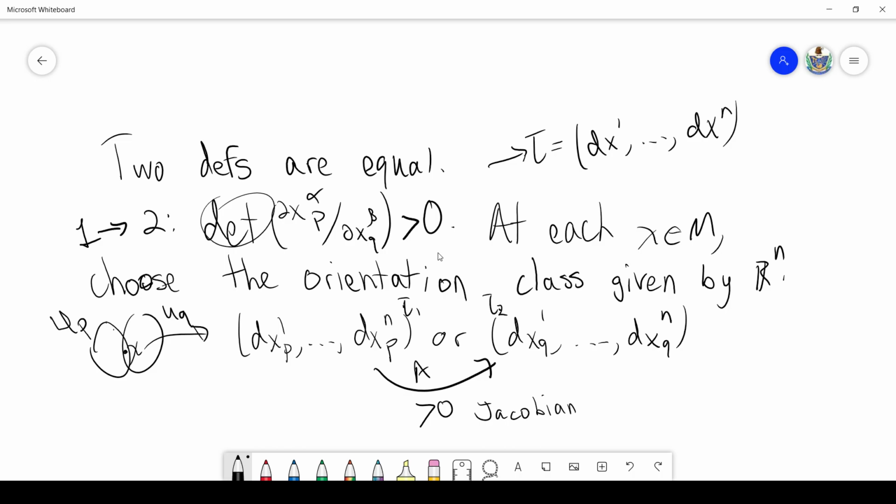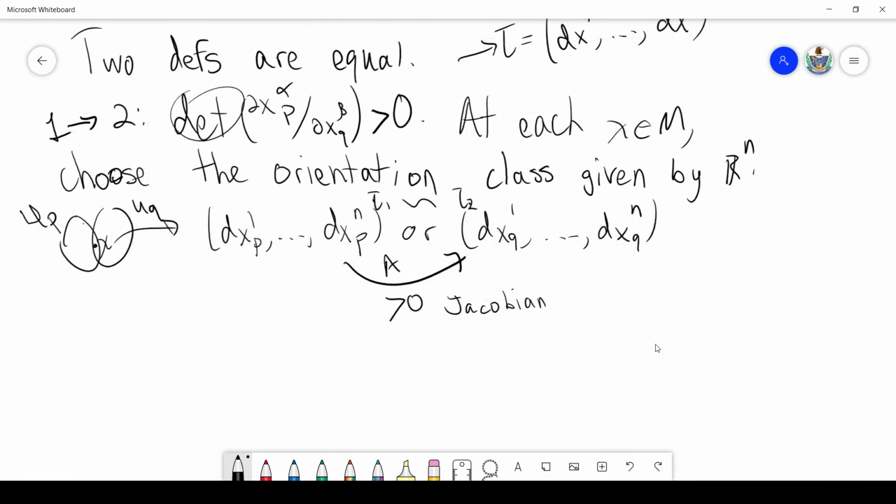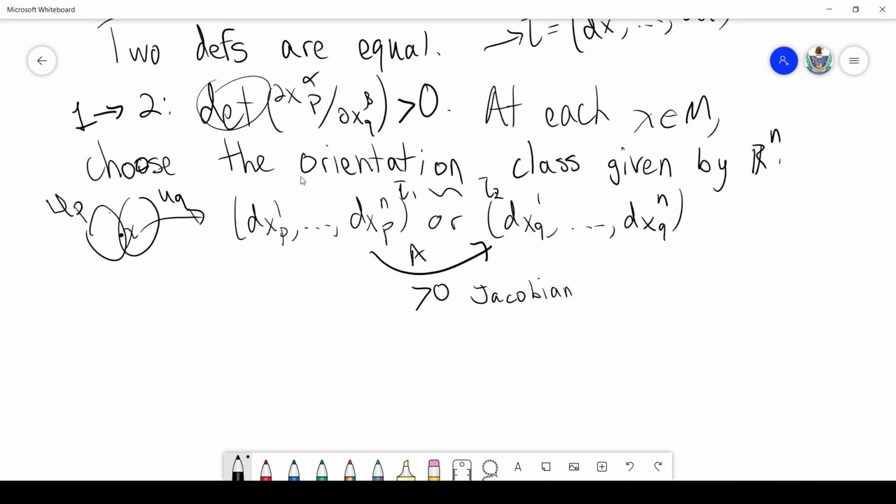And so we know that these two frames have the same orientation class. And so this choice is consistent on the overlaps. And so that implies that we can indeed use this choice of orientation class. It's consistent on overlaps, and it continuously depends on x.